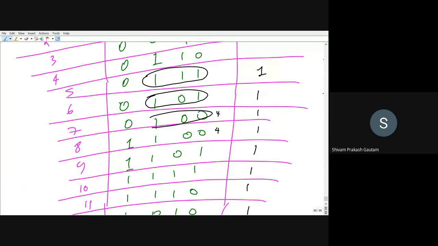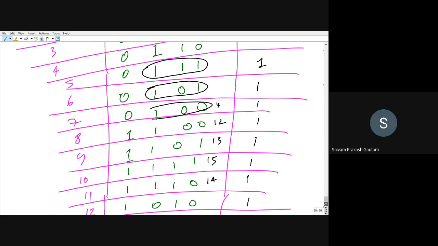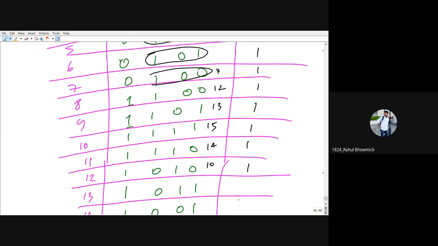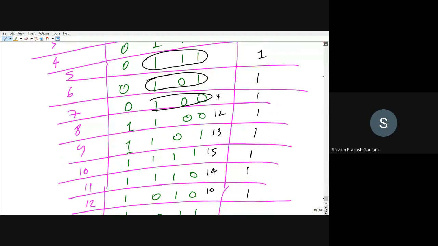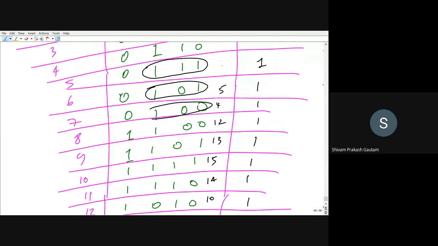Sorry, this is not 4, this is 12. This 1100 will be 12, and this will be 13. This will be 15, 14, and this will be 10. And this will be 5, and this will be 7.